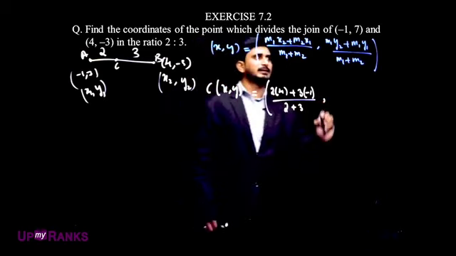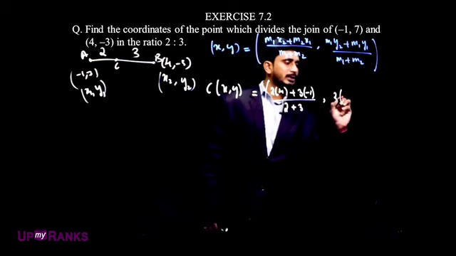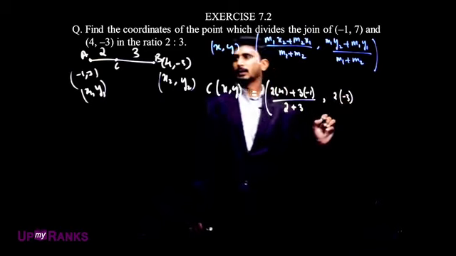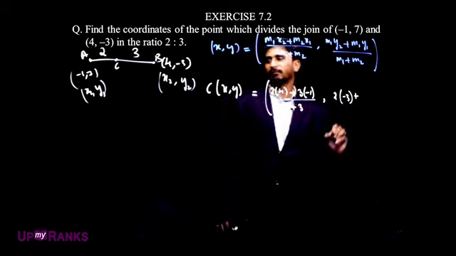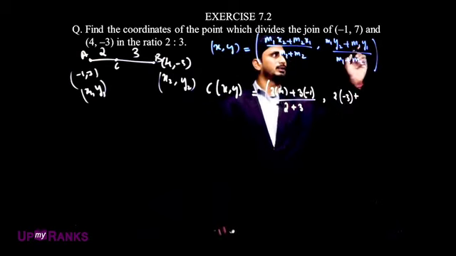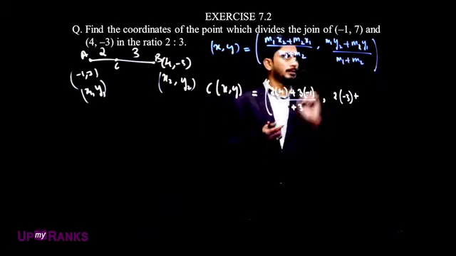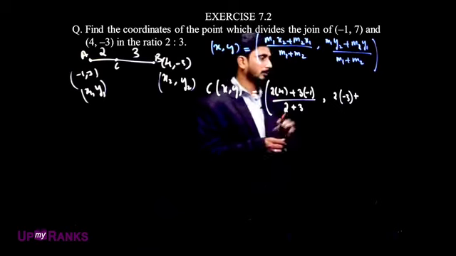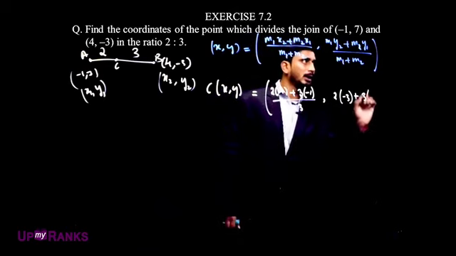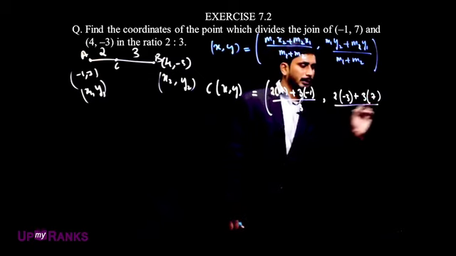Now for y, I have m1, 2 into y2, which is minus 3, plus m2, which is 3 into y1, which is 7, divided by 2 plus 3.